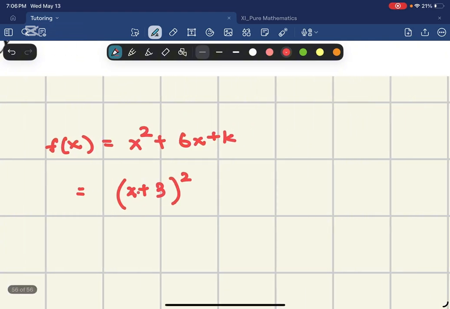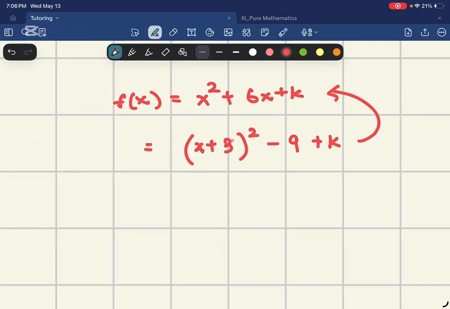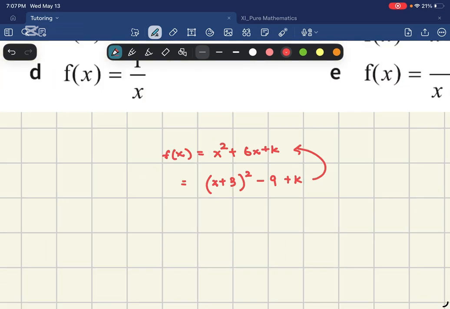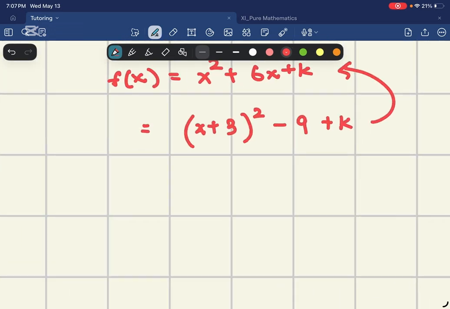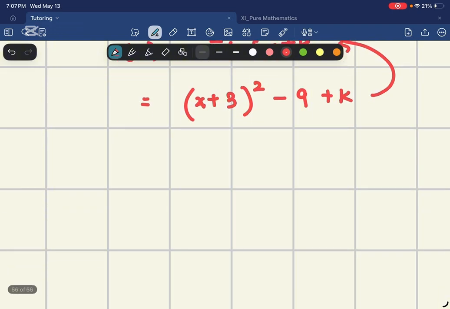So x plus 3 squared is basically x squared plus 6x plus 9. So I need to take away 9 and I need to add a k. If you expand this out, you're going to get this equation again. So I have plus 9 here, which I don't need, so I subtract 9 and then I need to add a k. All right, I have this expression here.